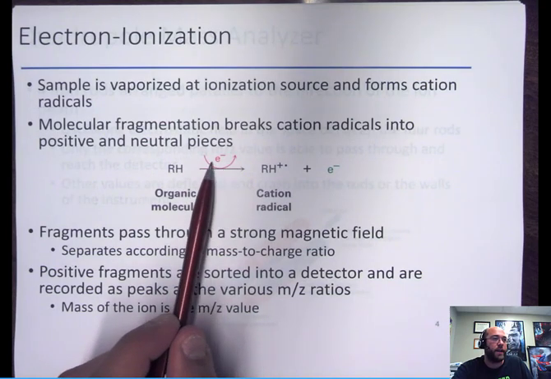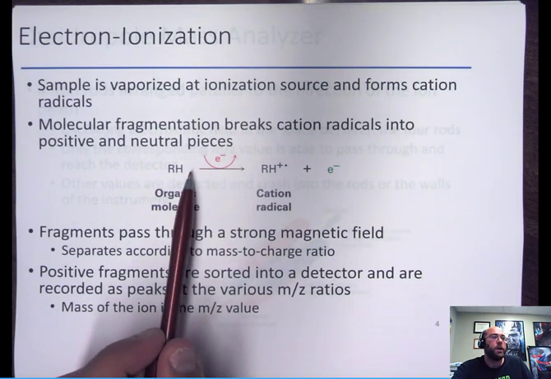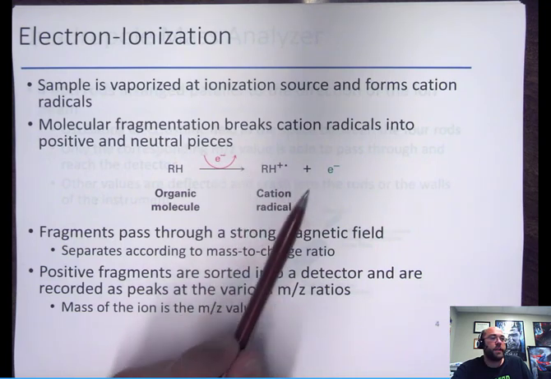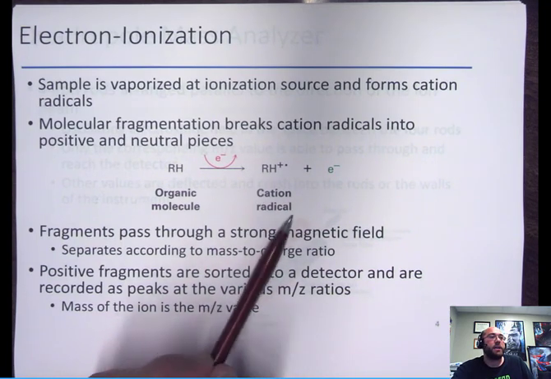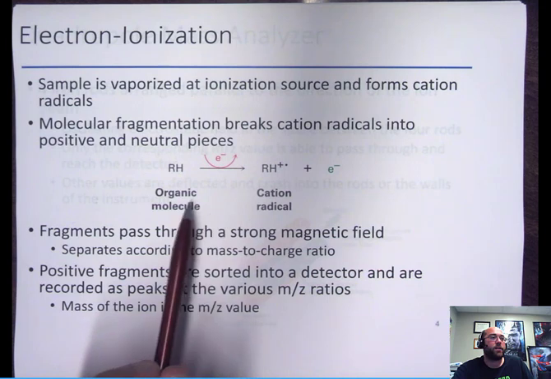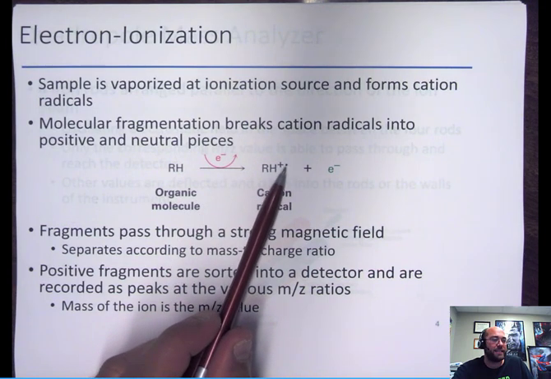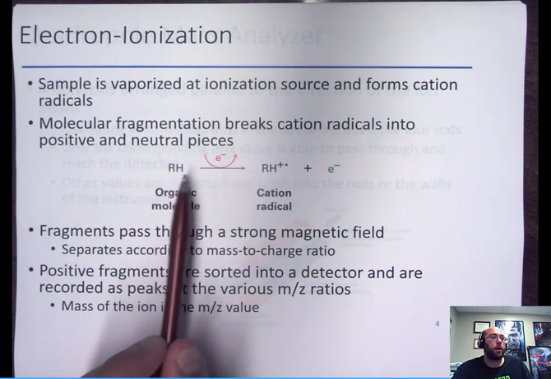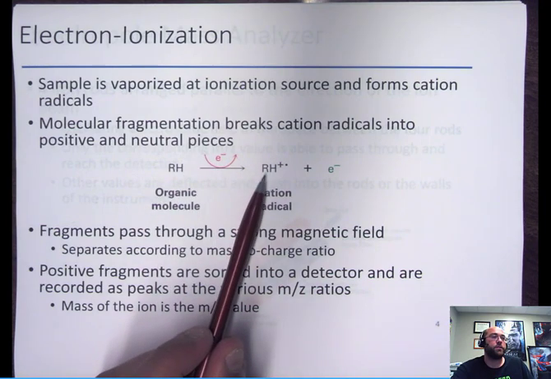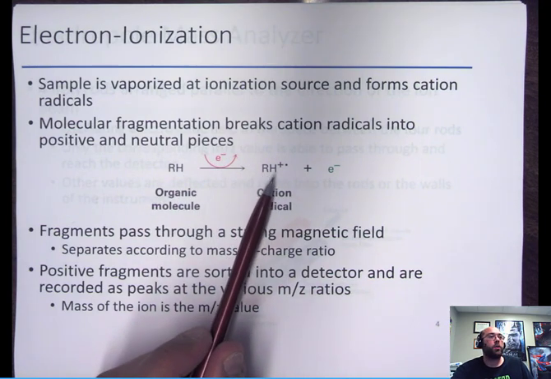That's what this red electron arrow is showing. The first thing you will typically see is that you form this cationic radical, so it has both a positive charge and it is a radical. At this point, the molecule hasn't actually broken apart. It's still intact, so all of the atoms are still on the original molecule.